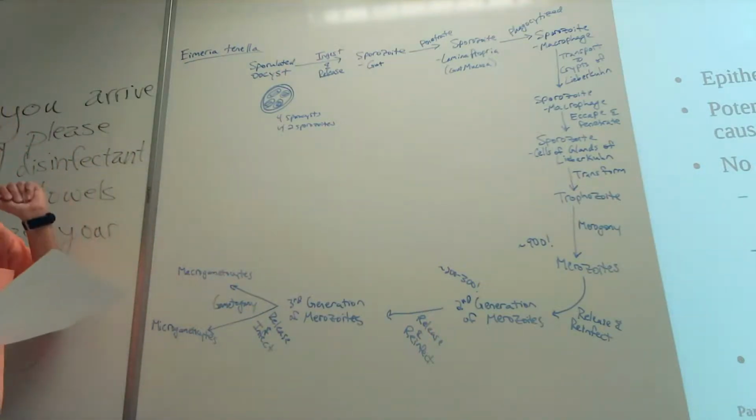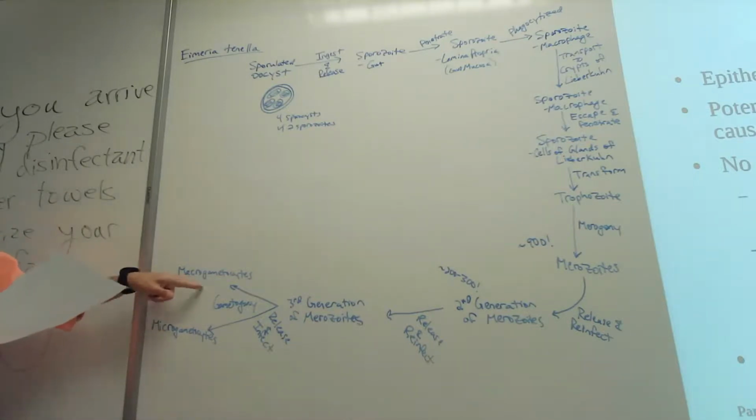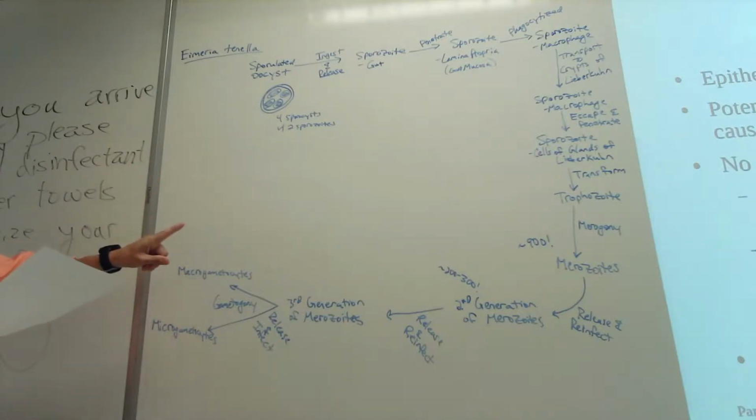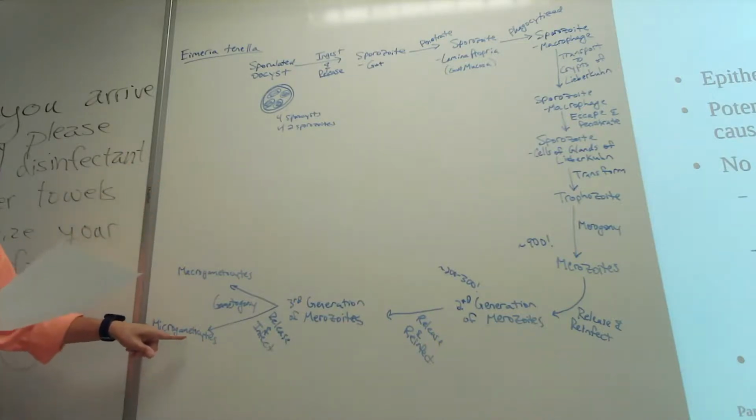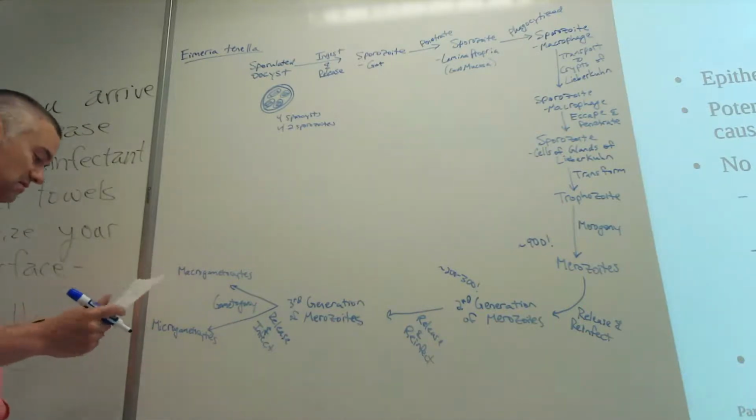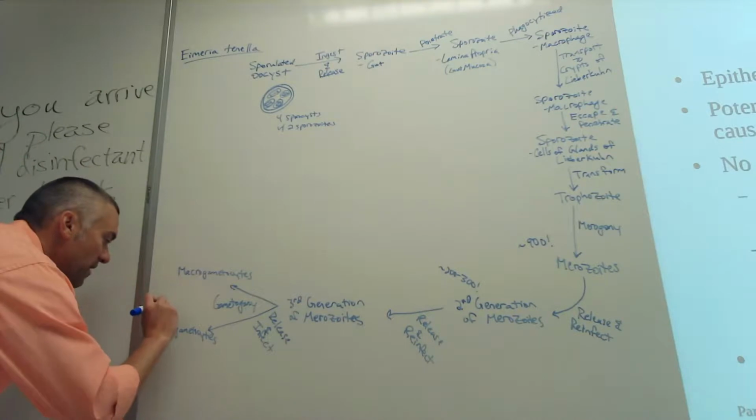Now, most of them will produce these macrogametocytes because it only produces one. One merozoite will differentiate into one macrogametocyte. One will produce one microgametocyte, but these undergo gametogeny, or undergo replication, to produce our microgametes. So we get our microgametes.